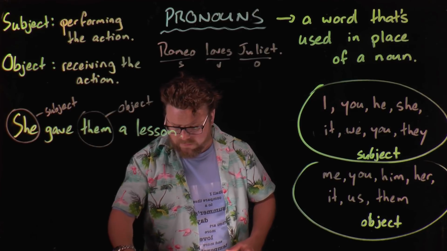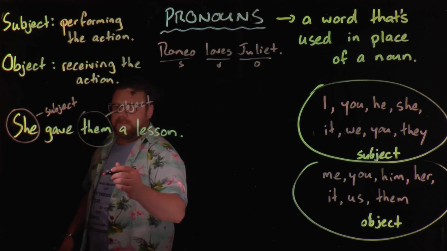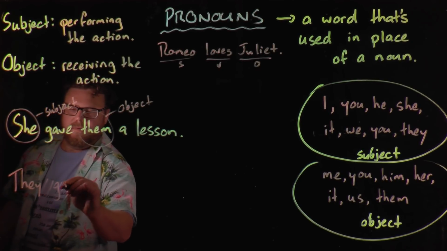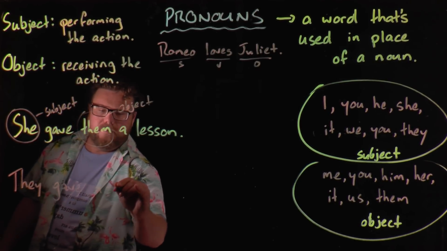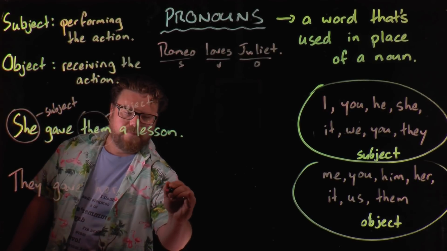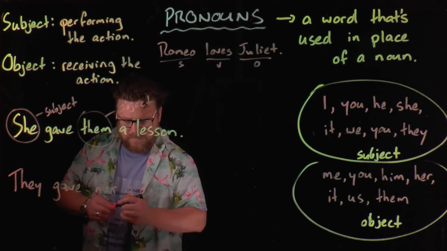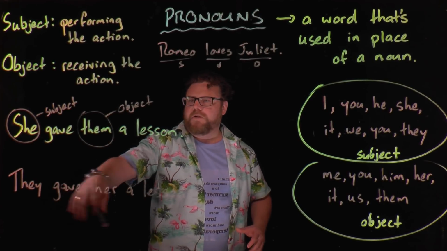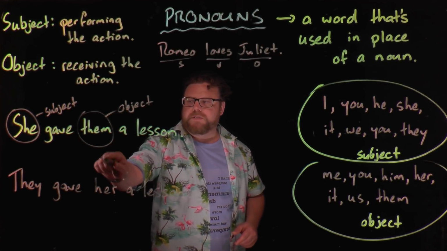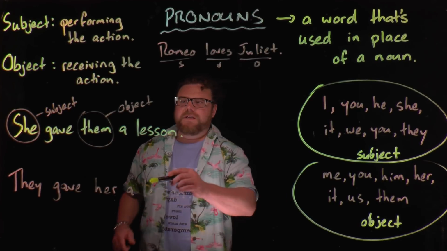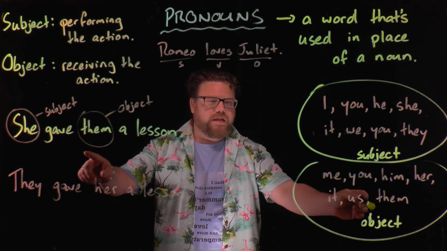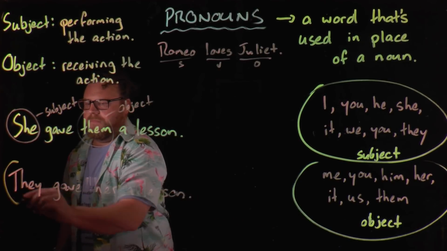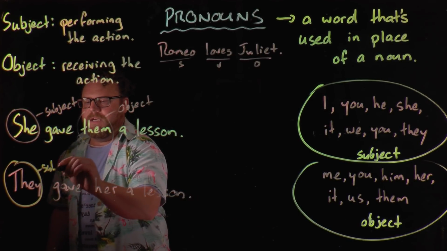If you were to have it the other way around, they gave her a lesson, you will see that because this personal pronoun has gone from being in the object position to the subject position, then it's changed from being them to they, because it's become the subject.